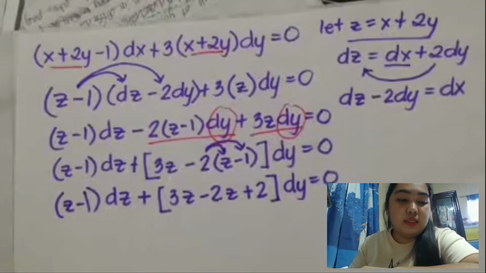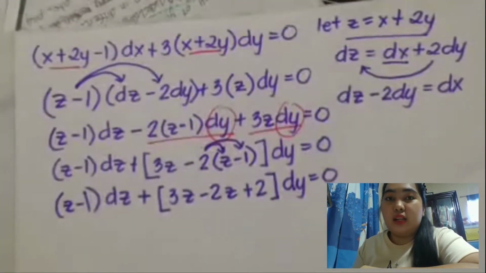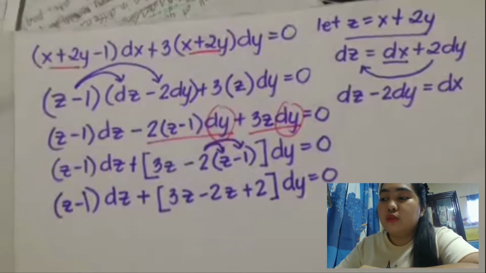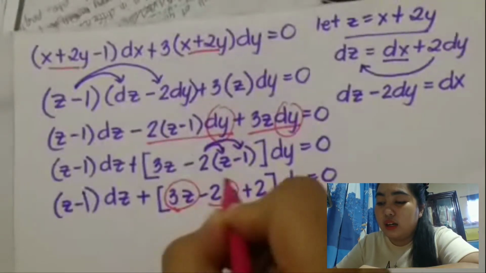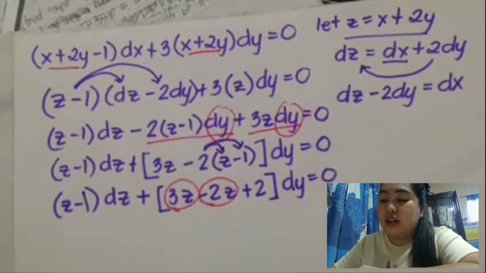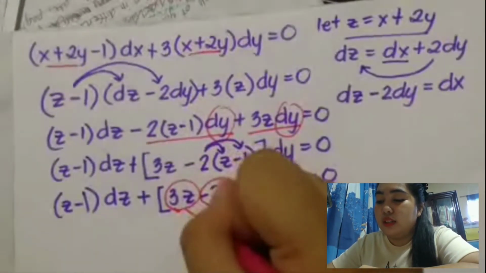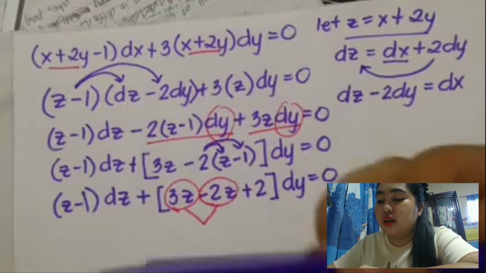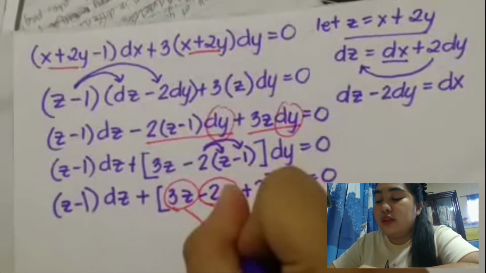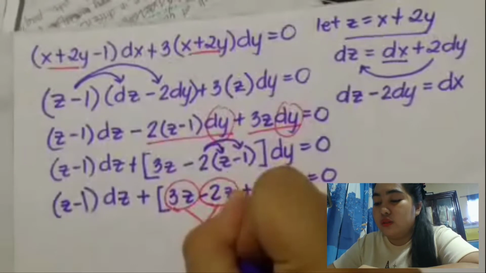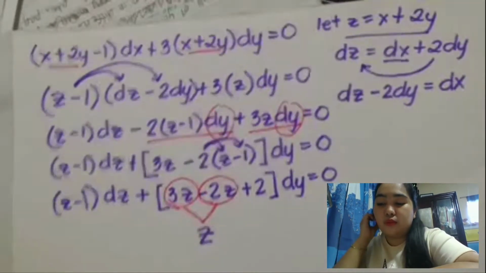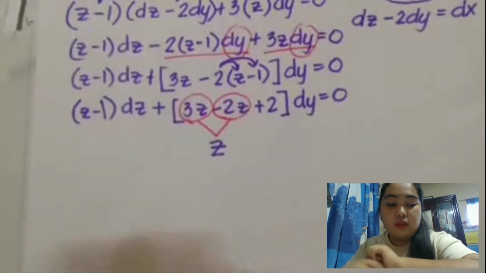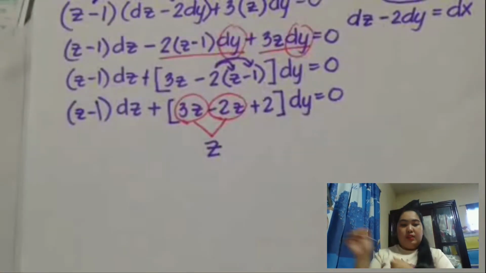Ang next is, pagkasamahin naman natin ngayon yung common terms. So, kung makikita natin dito, ang common terms na is itong 3z saka -2z. So, ang mangyayari lang is, ang magiging sagot nyo, ang matitira na lang dyan is 1z or z.